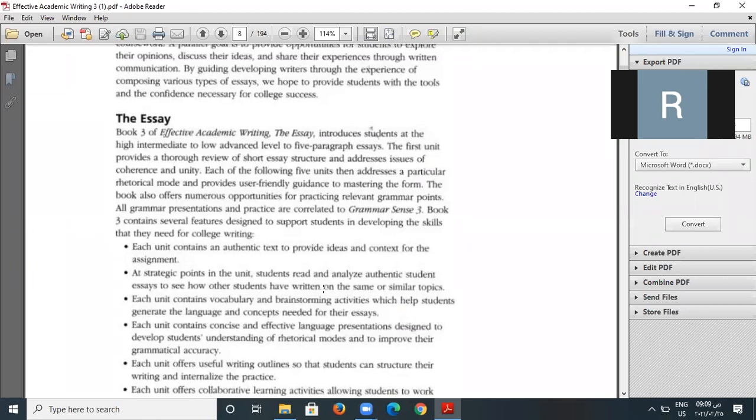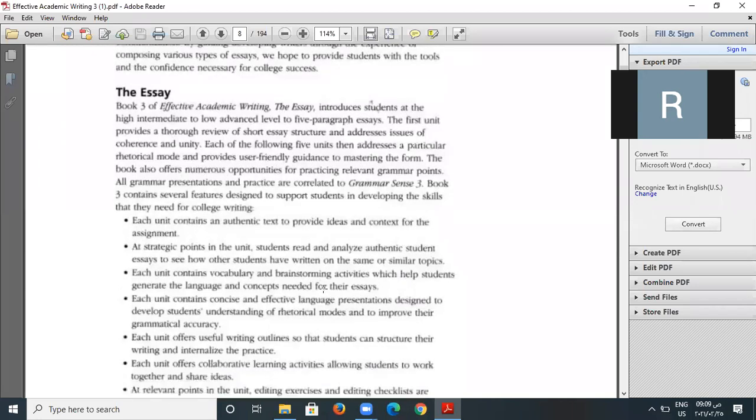What's the goal of these presentations? To develop students' understanding of different rhetorical modes. As we said, we have cause and effect, process analysis, and argumentative. Also, it could improve students' grammatical accuracy. In addition to that, each unit has useful writing outlines so that students can structure their writing and internalize their practice.